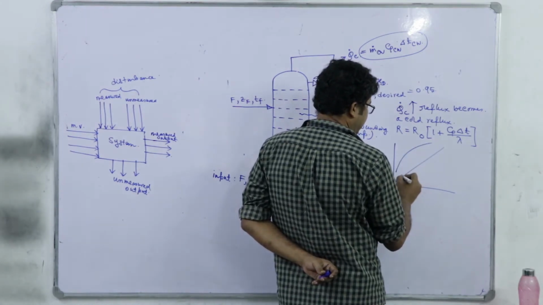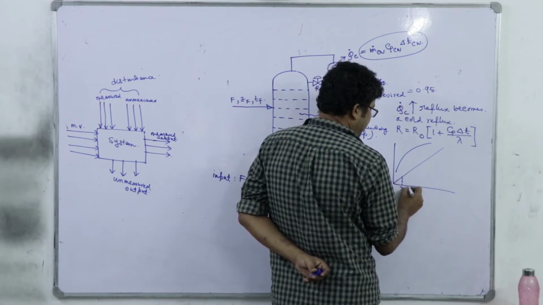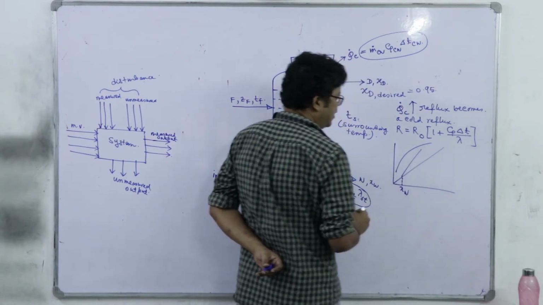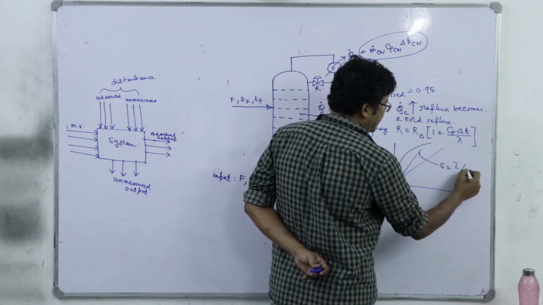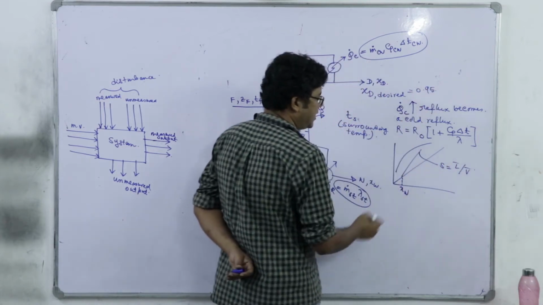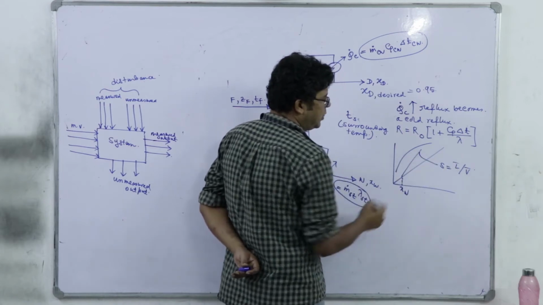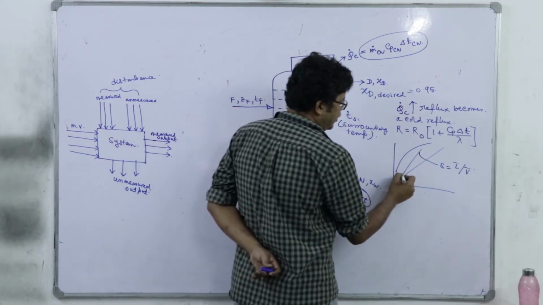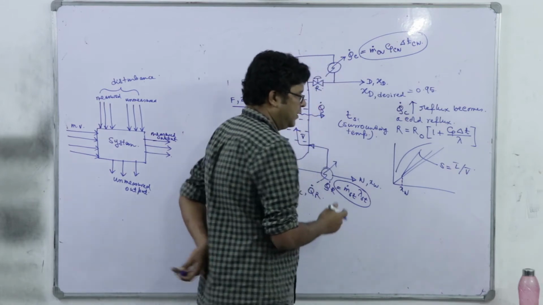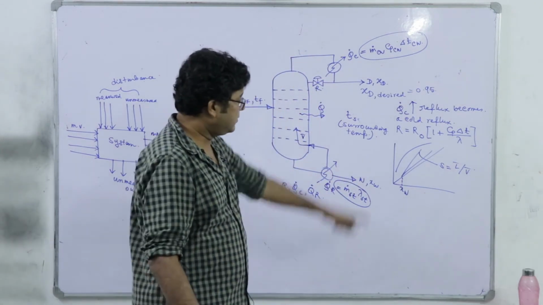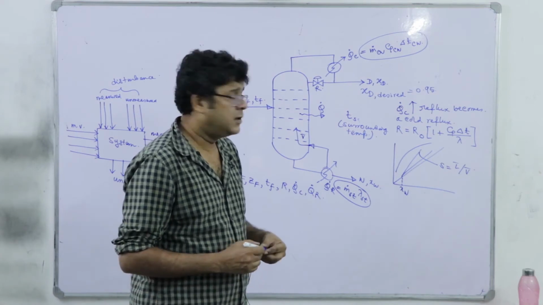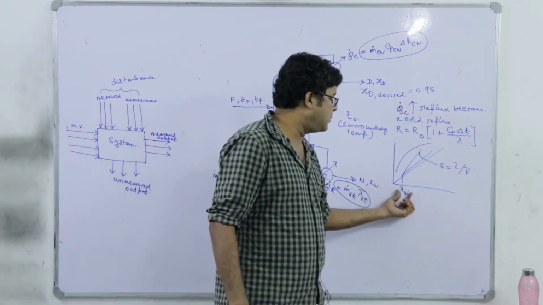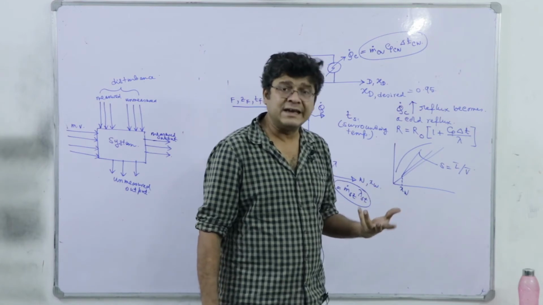This is the equilibrium line and this is my XW, and that was the operating line initially. So, the slope is L bar by V bar. Now, I am increasing V bar. What will happen? The slope will decrease, right. Slope decreasing means it will be like this. So, the gap between the operating line and the equilibrium line increases. So, the number of stages to reach the given product purity will also decrease.